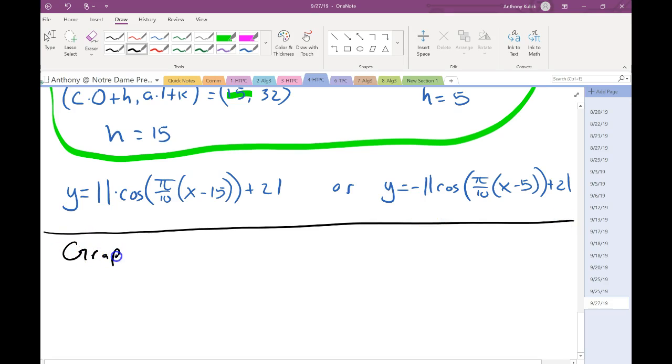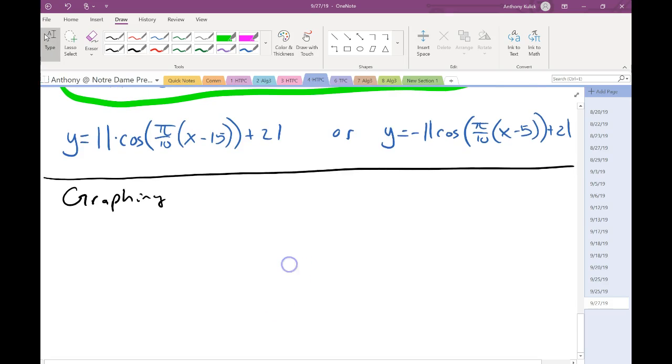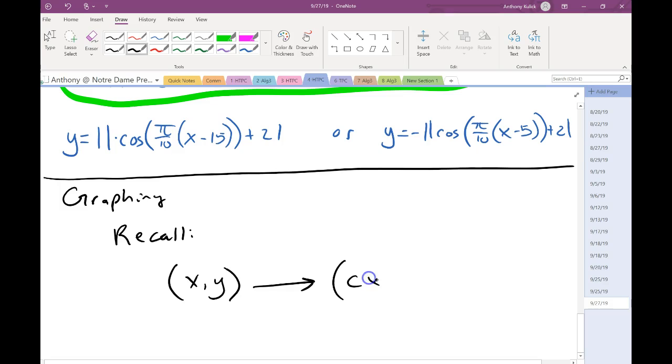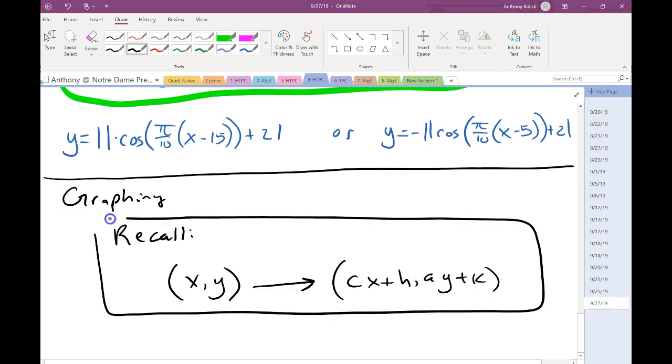So that being said, let's start talking about some graphing now. The main tool that we're going to be using to do this graphing is this transformation map.